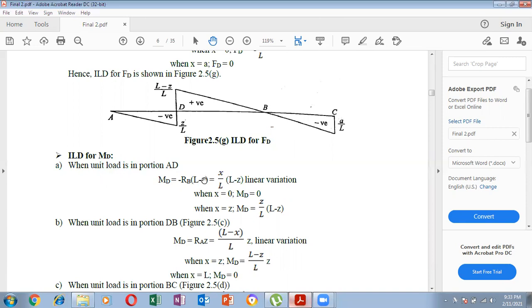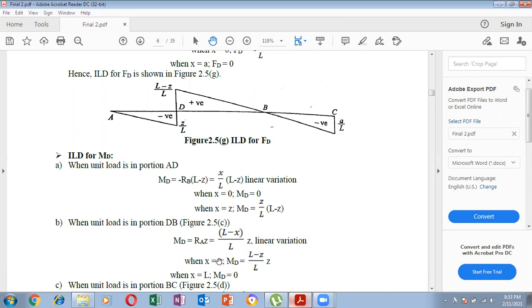When the loading portion is between D and B, we can easily omit the loading point and take the left hand side, that is RA into Z. The distance between the support and the section is Z. So RA into Z, where we already have the equation for RA as (L minus H) by L. So it is a linear variation.